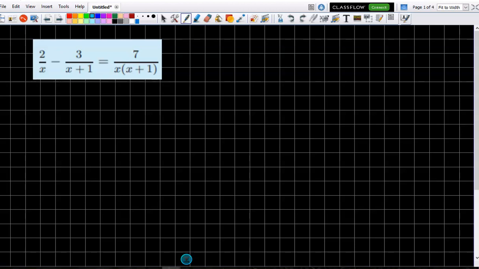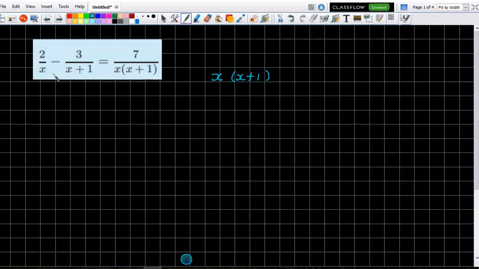Oh, hang on, same denominators. Yeah, exactly. To subtract two fractions, we know we need to get the same denominator. So you know you're going to go, oh yeah, X times X plus 1 if I was looking at this side. And lo and behold, that is the same as the right-hand side.